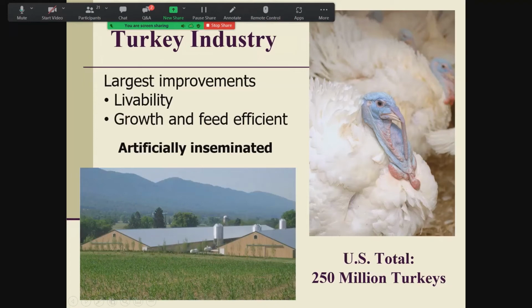Turkey industry, real quick in a nutshell, is basically the same as the meat industry for chickens. Two big differences: turkeys are all 100% artificially inseminated. And the big reason for that is these stud toms that we raise for the semen run about 90 pounds.